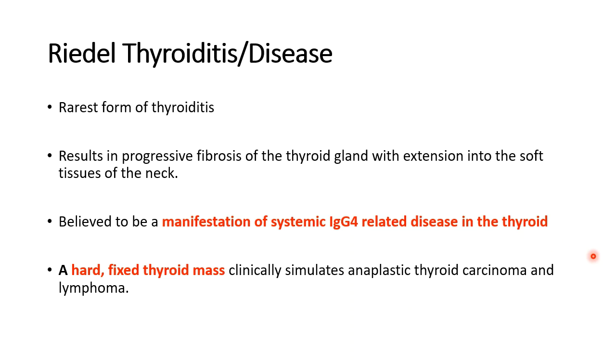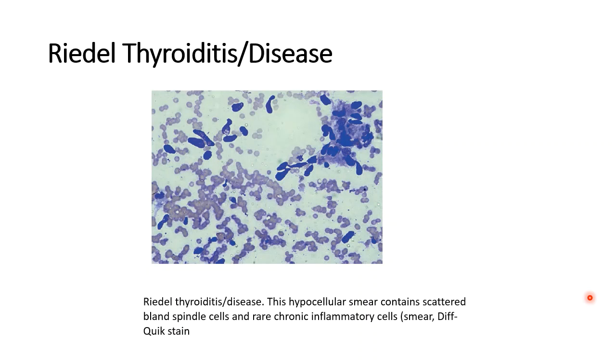So aspiration smears in Riedel's thyroiditis, usually because there is fibrosis, will have scanty cellularity. You can see some bland spindle cells, some chronic inflammatory cells, and only some follicular epithelial cells.